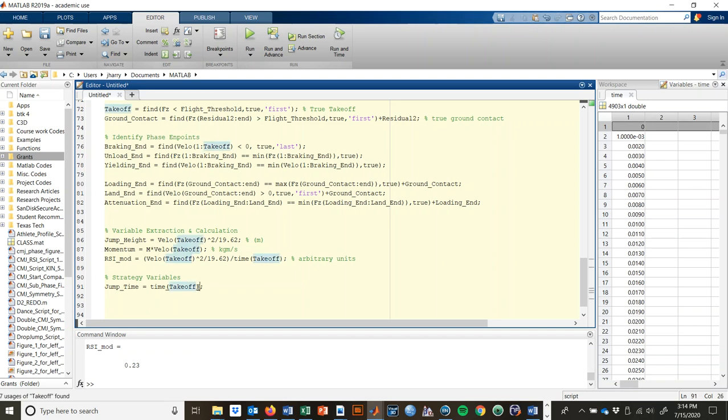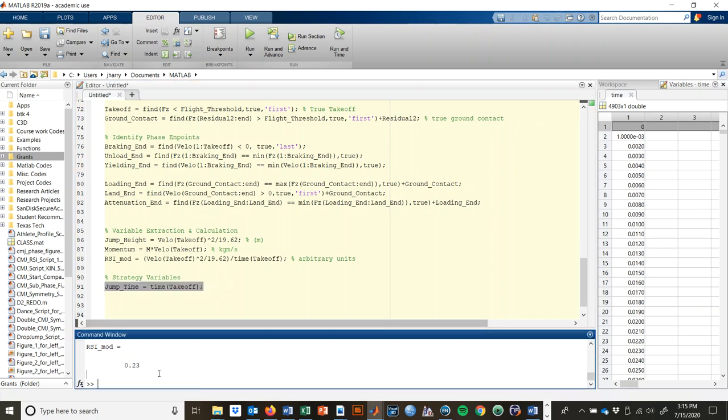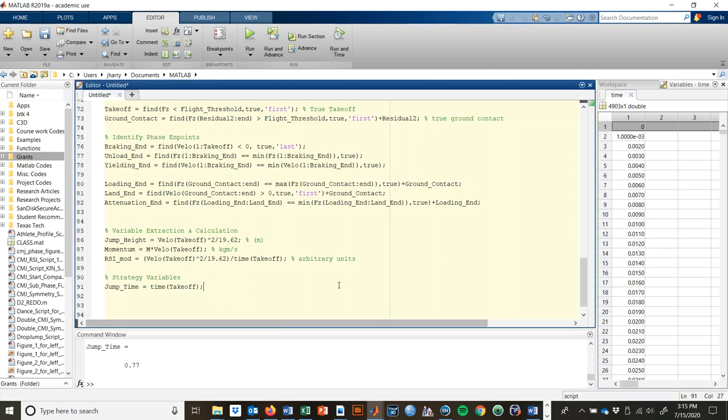It would also be the difference in time from takeoff to the start. So if we wanted to do it formally, it would be written as time at takeoff minus time at the first data point, final minus initial. Those are going to get me the same values for the reasons we talked about previously, so I'm just going to simplify this here. All right, 0.77 seconds.